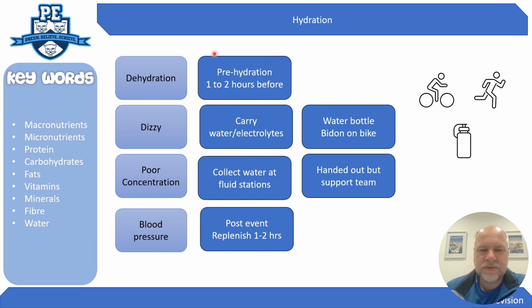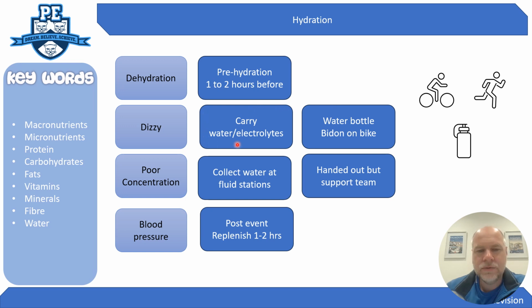And once you've talked about the pre-hydration, talk about the post-hydration. So after the event, we've got another 1 to 2 hours of replenishment of our water. So we've got pre-hydration and post-hydration, just two simple ways of talking about when to take in the water. Then the next point is we talk about during the event. So during the event, you've got really two options.